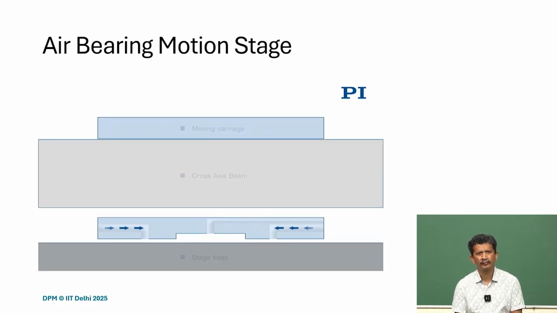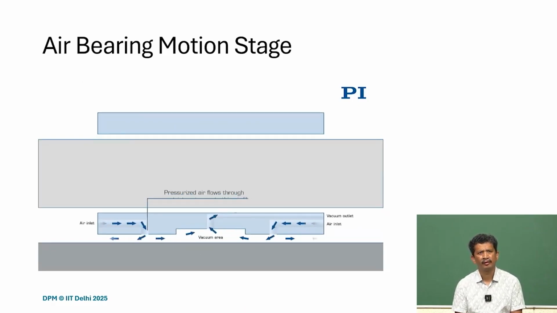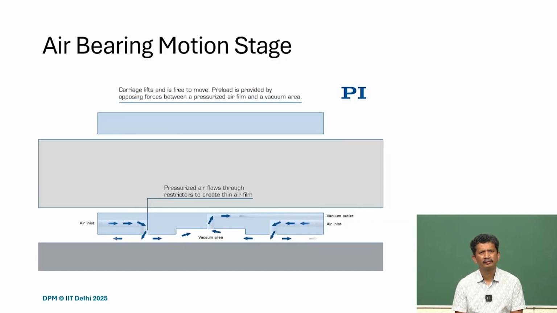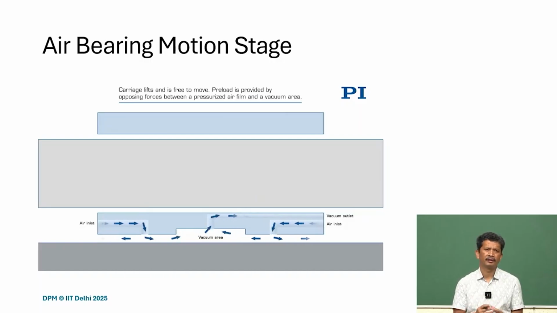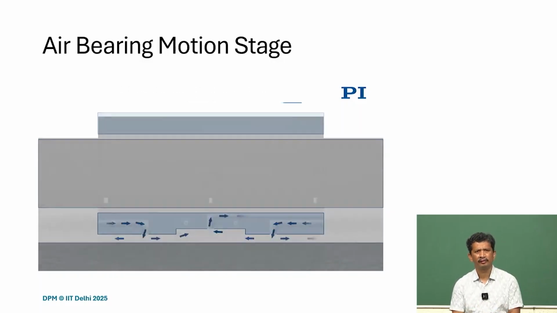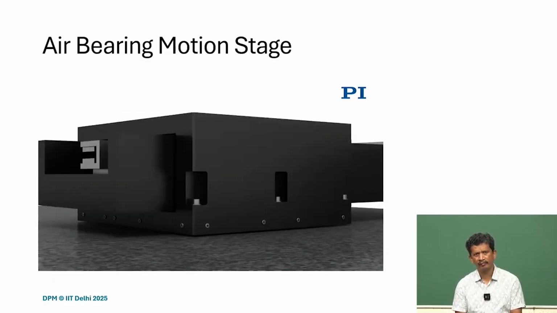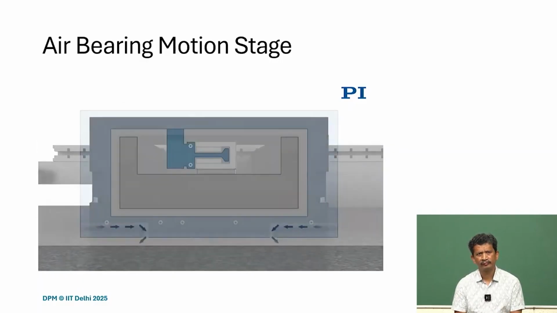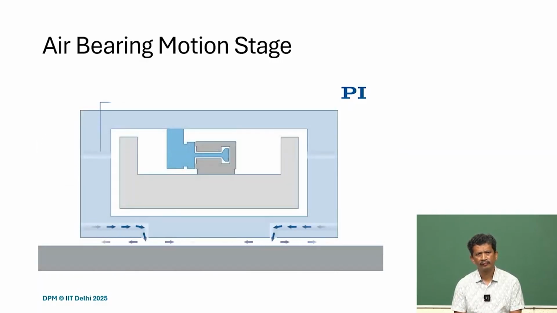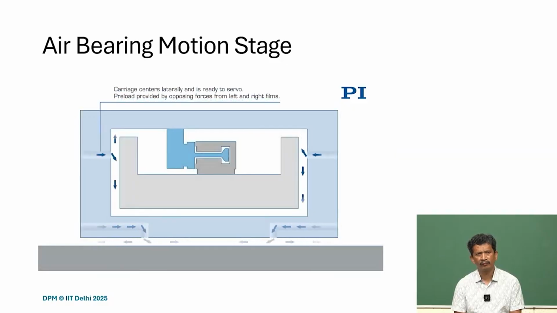There are orifices, so pressurized air is fed through, and then it passes through the bearing surface. We can also combine vacuum and pressurized air bearing in one module. So here there is no vacuum.